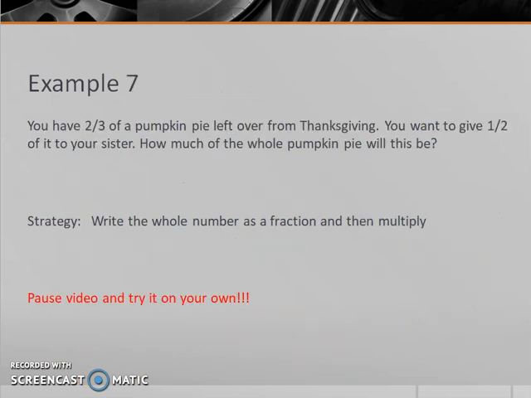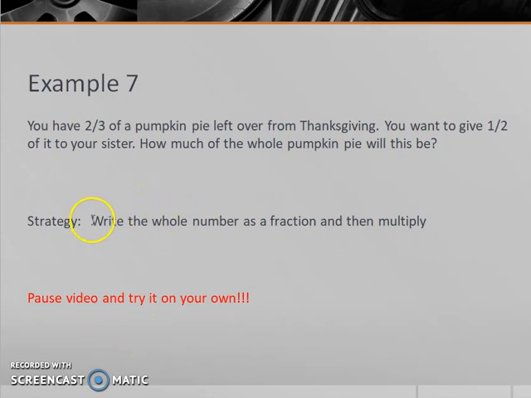All right, we have another word problem, and this one is 2 fractions, so we don't have to change any whole number into a fraction. You have 2/3 of a pumpkin pie left over from Thanksgiving. You want to give 1/2 of it to your sister. How much of the whole pie will this be? So you're going to write the 2 fractions down.